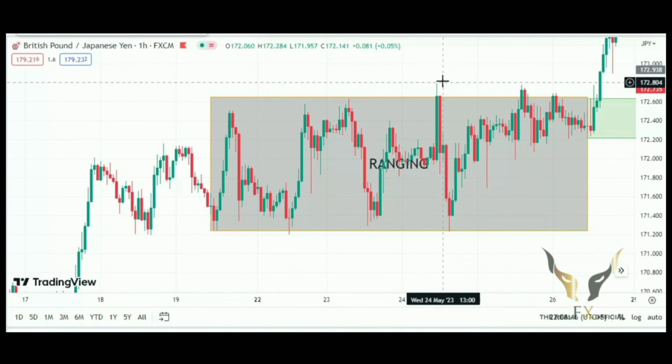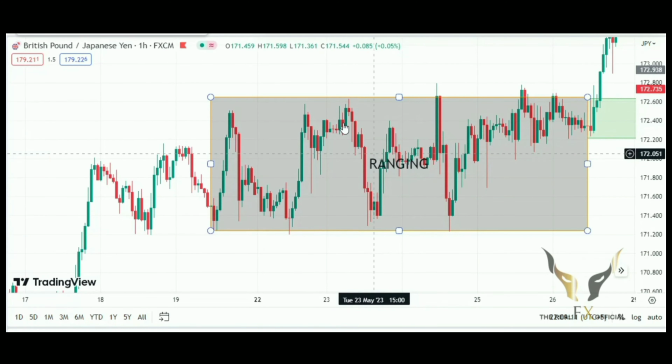Many people will say that it has broken the structure to the upside, so we mark this as a liquidity grab. Okay, so this is a liquidity grab that we will discuss in the upcoming videos, so stay tuned for that. Okay, so this is not the breakout structure, it's just a liquidity grab to activate the stops, to stop out the people, okay, to activate the orders or stop some buyers or sellers, whatever that is.